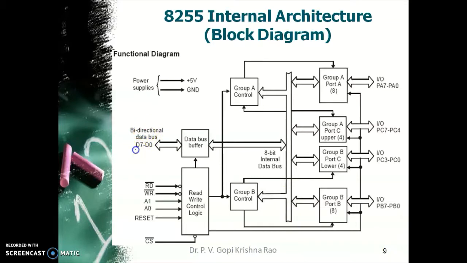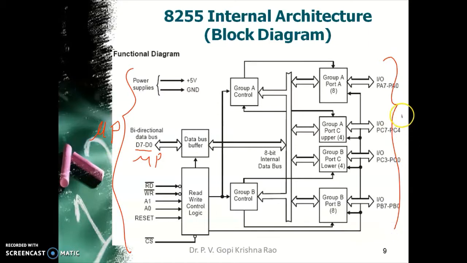These data lines D0 to D7 from the data bus buffer are connected to the microprocessor. A simple way of saying it is, this side is the microprocessor side and this side is the peripheral side. All the signals D0 to D7 are connected to data lines of the microprocessor.